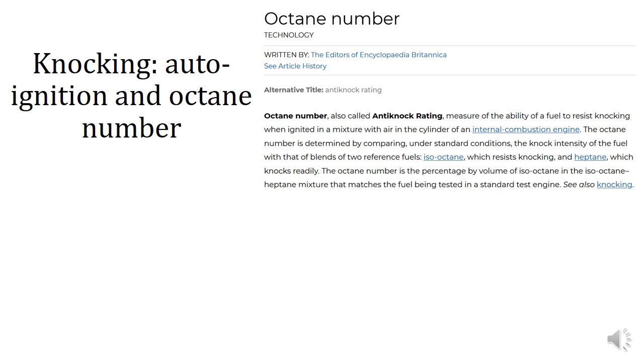That is linked to octane number. So if something knocks, it means it has a low octane number.